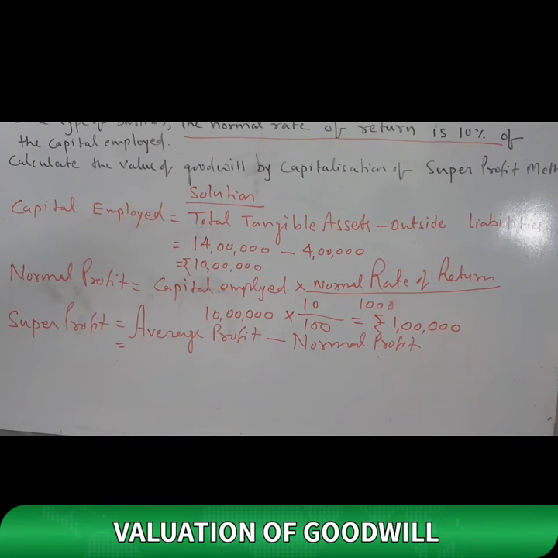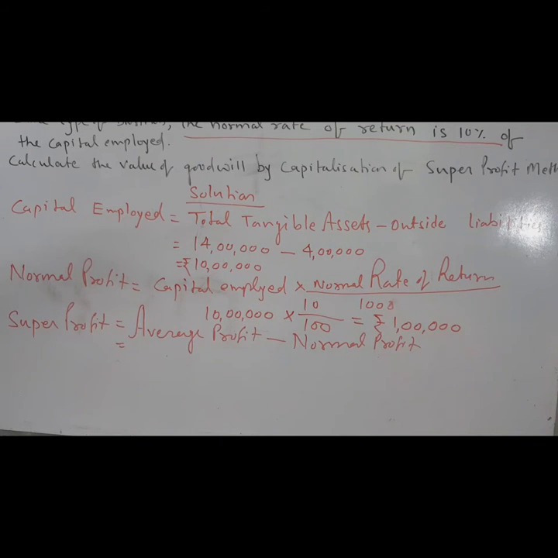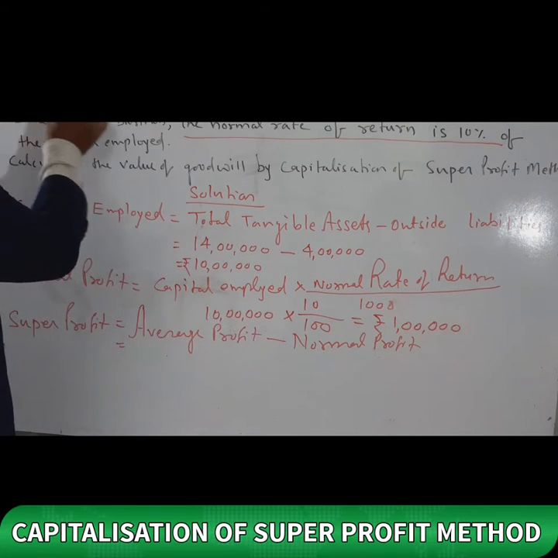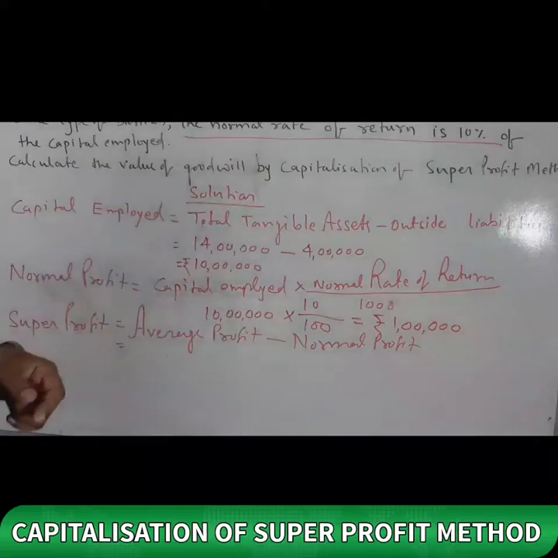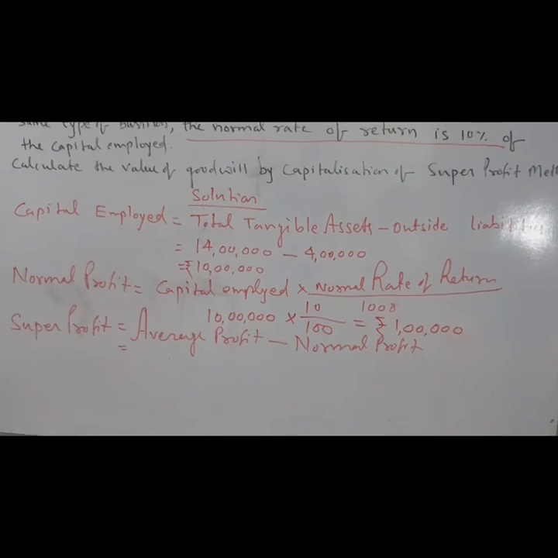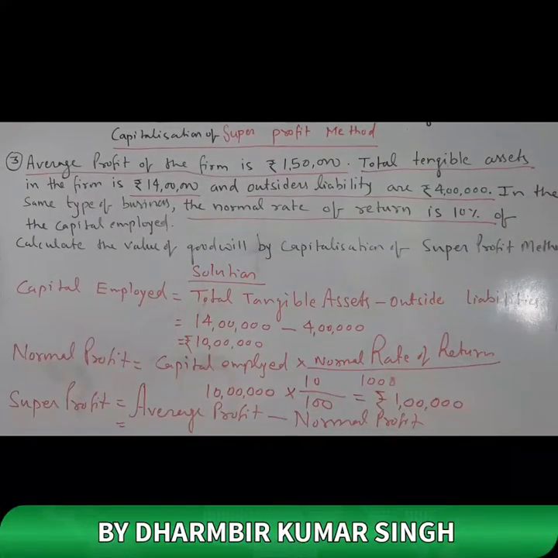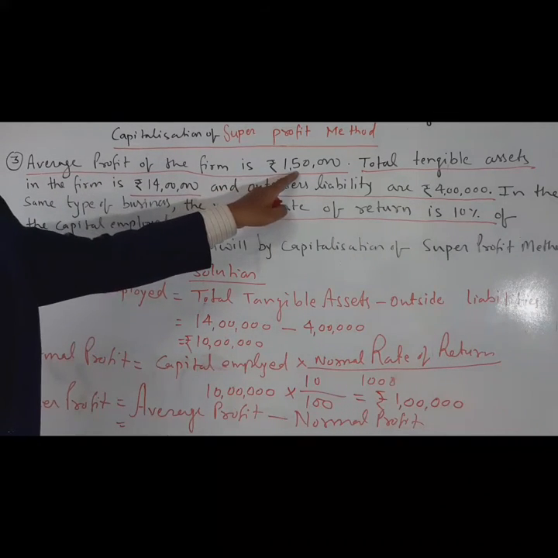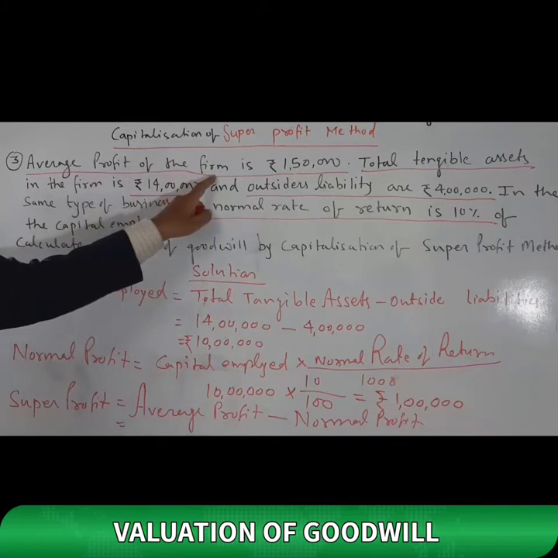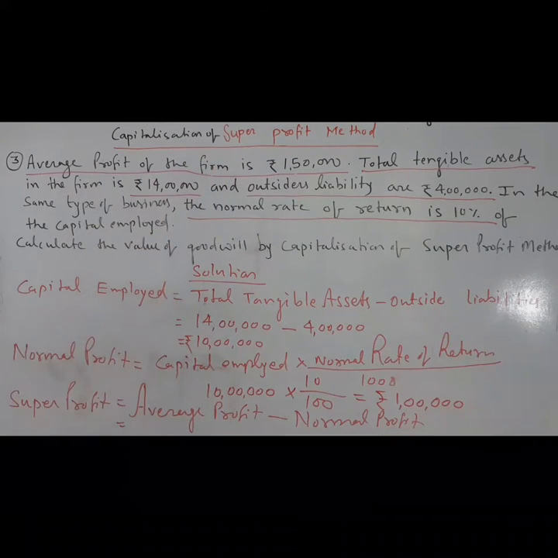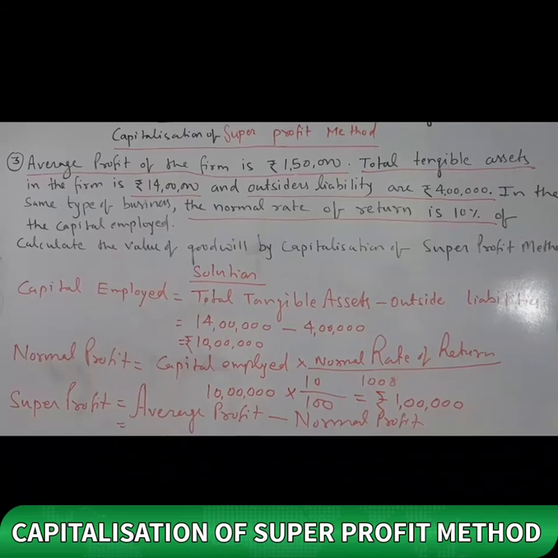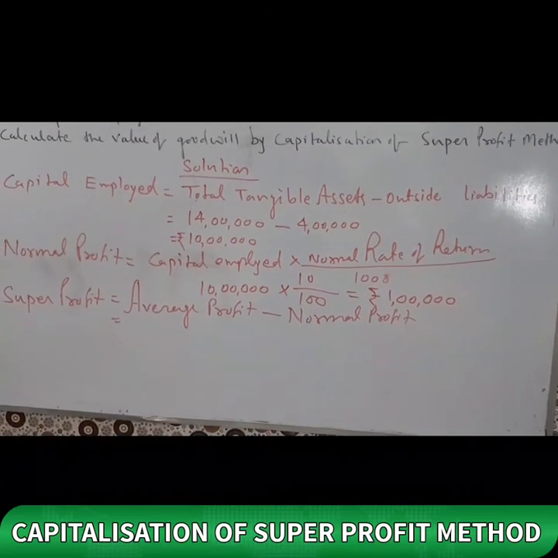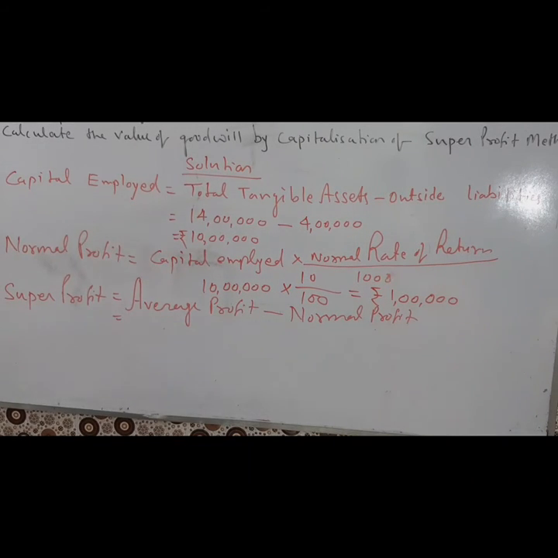The average profit of the firm is 1,50,000, minus the normal profit of 1 lakh.